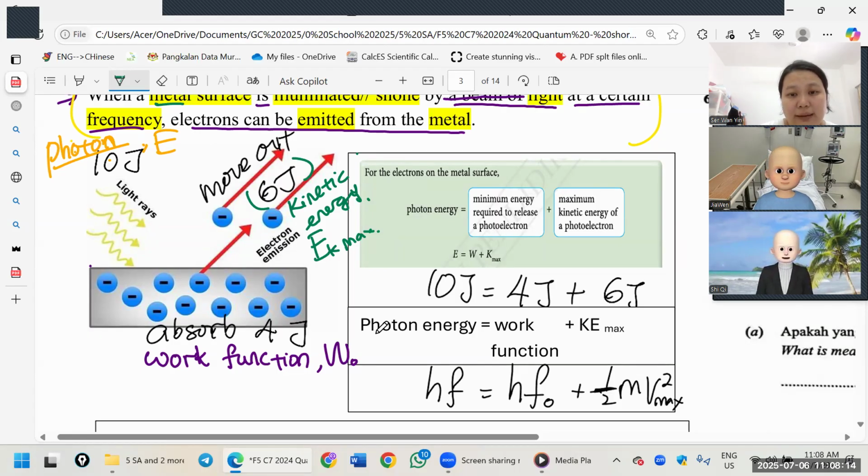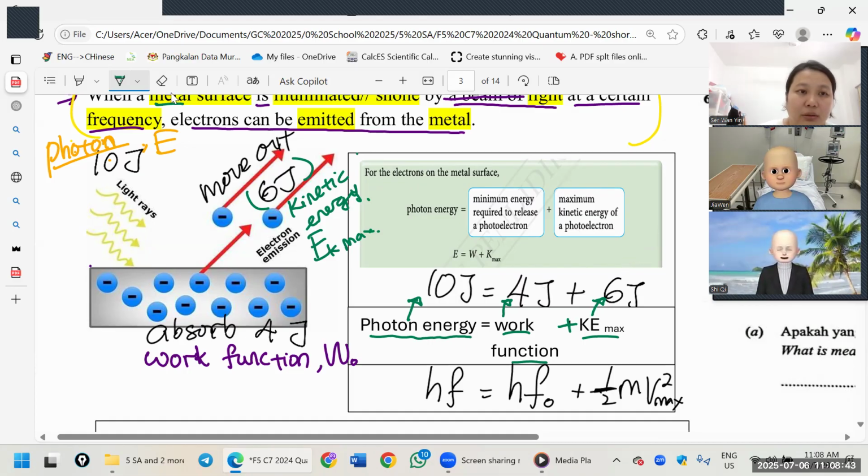So we can say photon energy equals work function plus KE max, which is totally 10 joules absorbed, 4 joules by the work function, go out with 6 joules. This is a rough idea, of course not 10 for 6, but I feel a rough idea here helps you out.